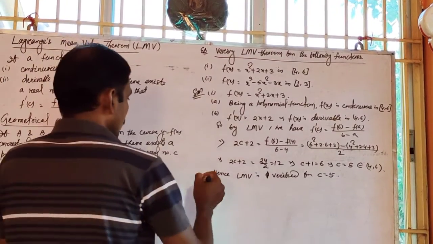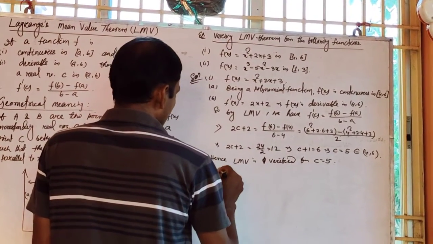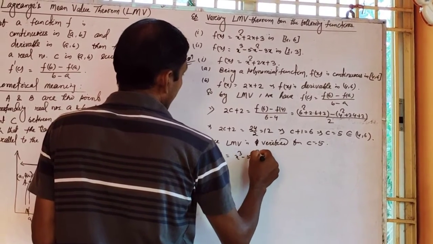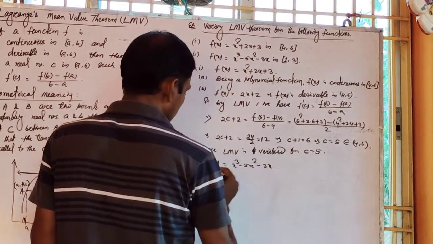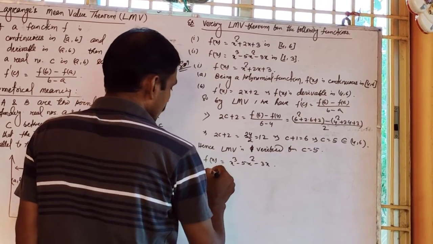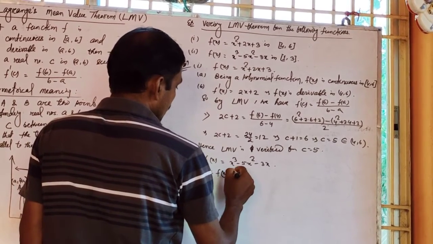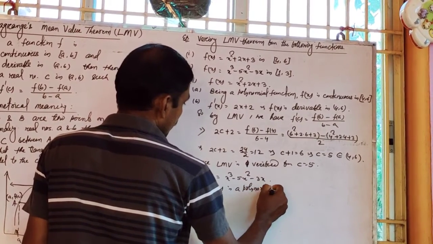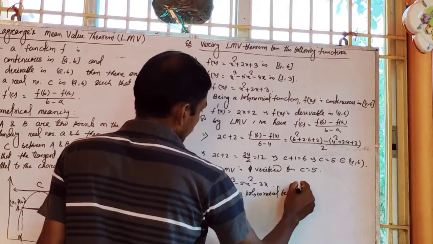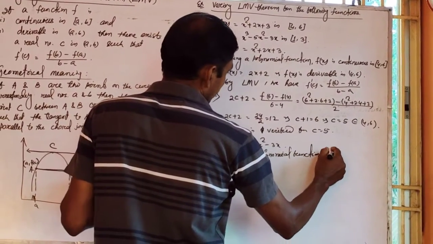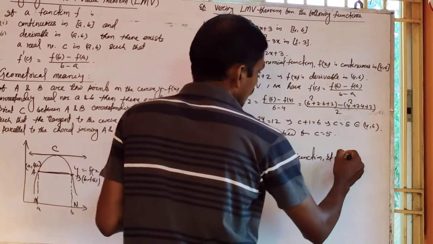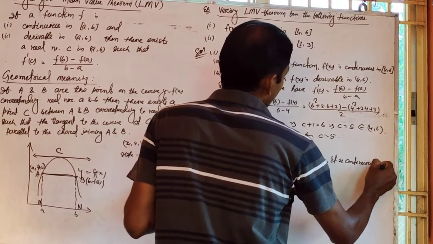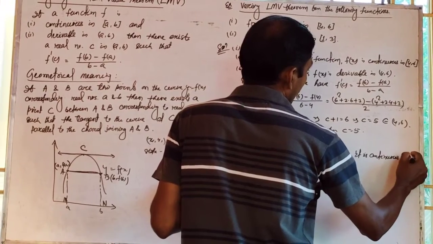Okay. Then second one, f of x is given x cube minus 5x square minus 3x. So here also, as f of x is a polynomial function, it is continuous in the closed interval 1 to 3.